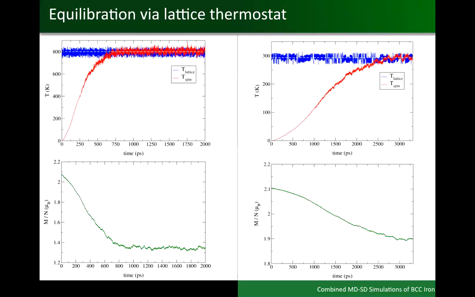And you clearly see how the speed of this depends on the temperature, as well as the final total magnetic moment per site that is achieved at these two different temperatures.